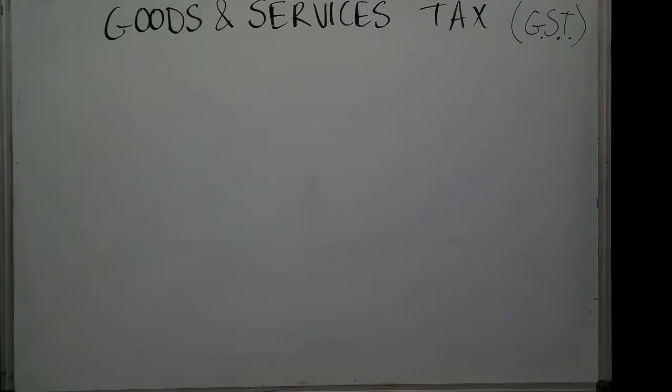Okay, welcome back to the next video in consumer maths, and in this video we're going to be talking about goods and services tax, or GST as most of us know it. So here in Australia, GST is a tax that is applied to goods and services. Pretty much everything.